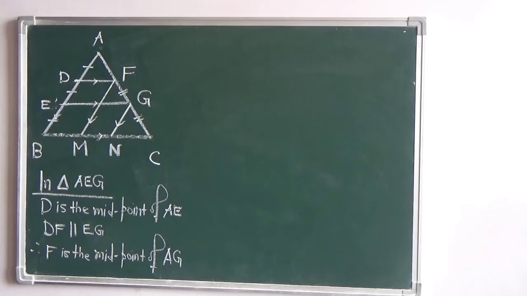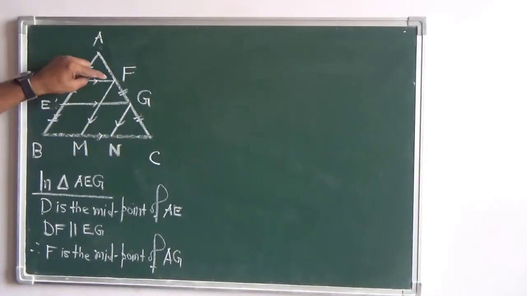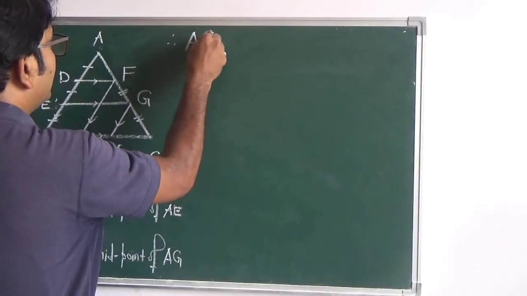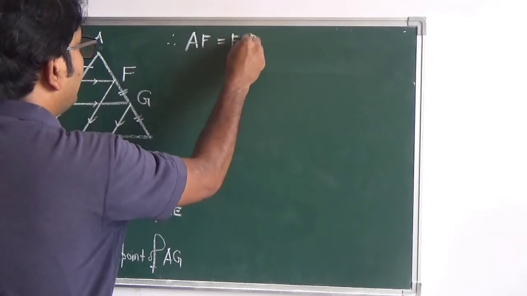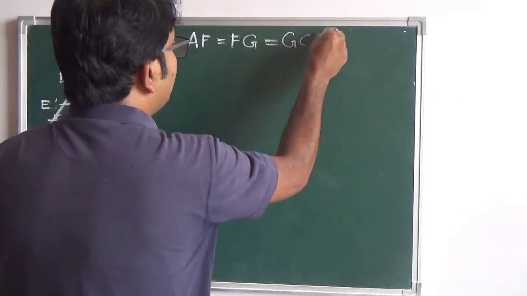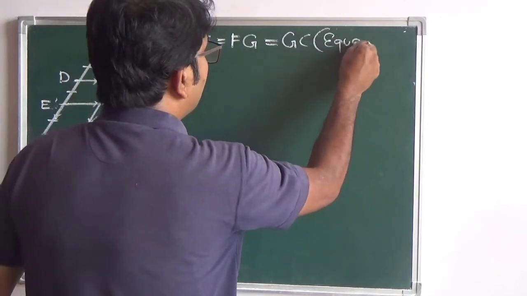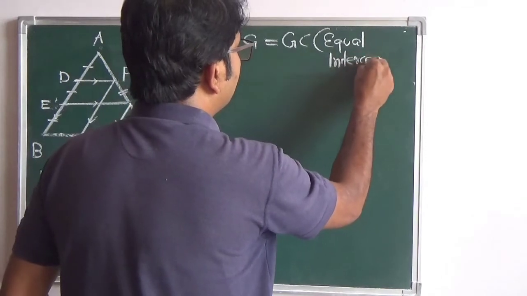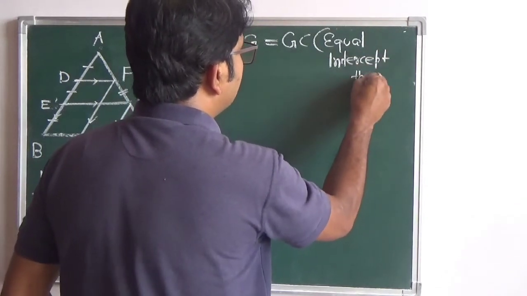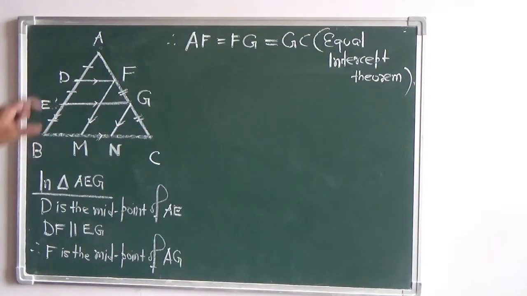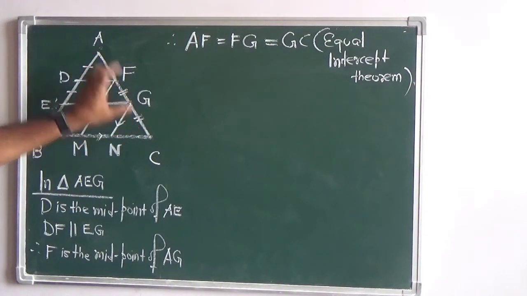So after applying the equal intercept theorem, we have FG equals GC, and we proved that F is the midpoint of AG. Therefore, AF equals FG, and that equals GC. So now we have proved that the parts AF, FG and GC are equal.